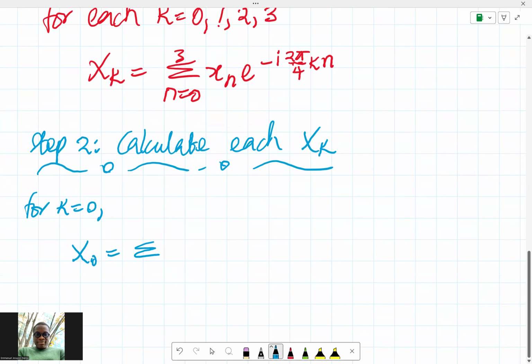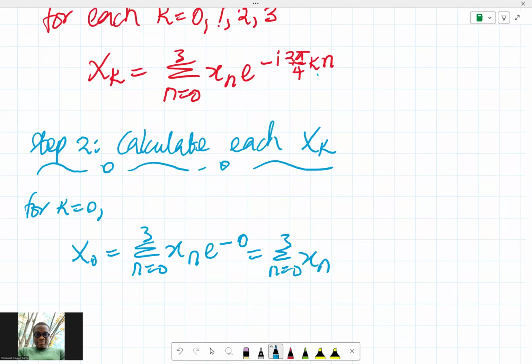For k is 0, so we have n equals 0 to 3 of x n e raised to the power minus 0, because there's this k up here. So we just have summation from n equals 0 to 3 of only the x n, right?